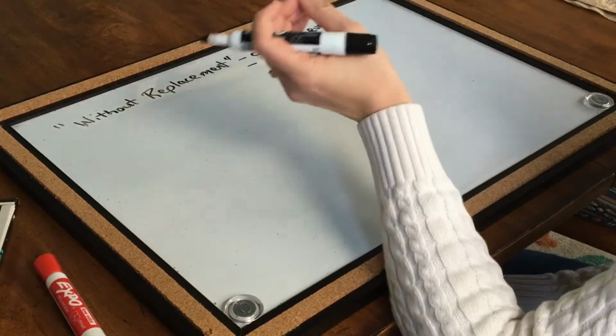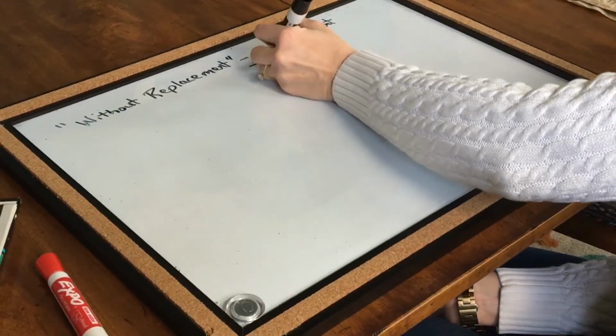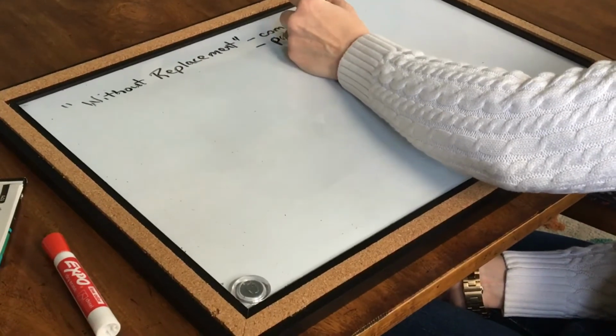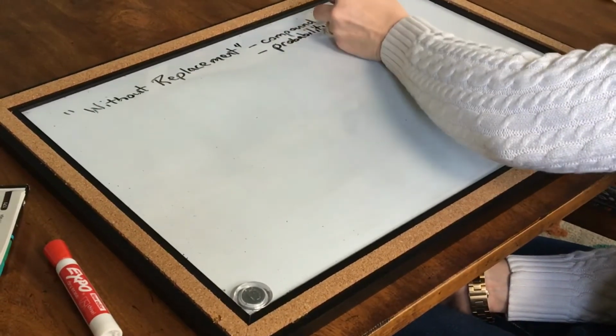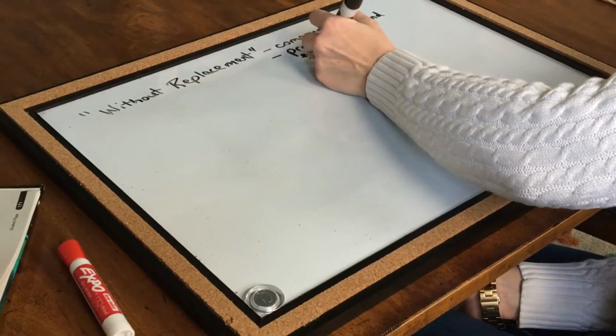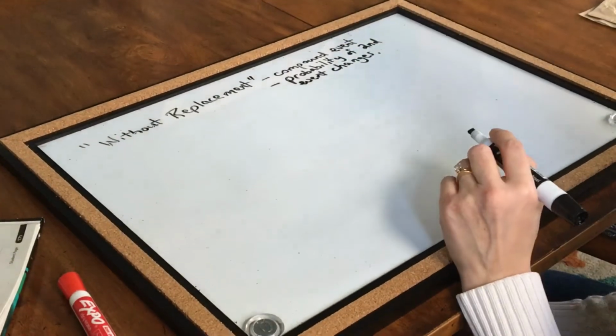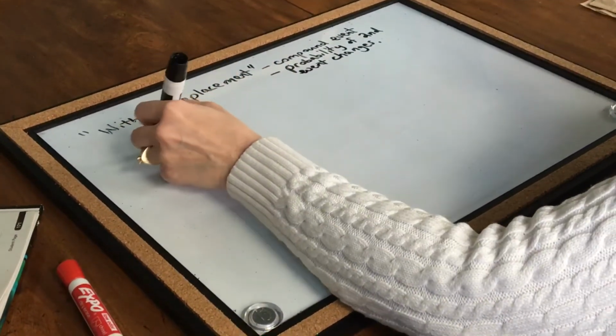And because you don't replace something back in, the probability of the second event changes. Okay, so let's try an example.